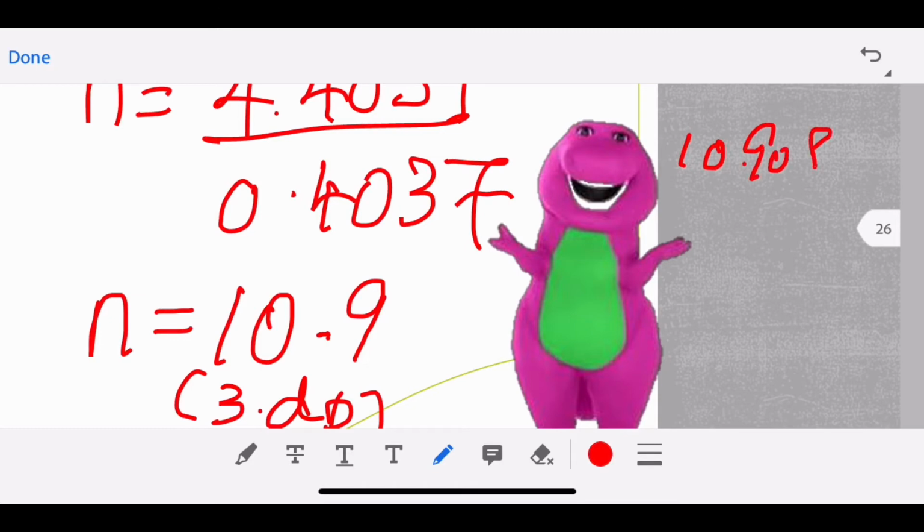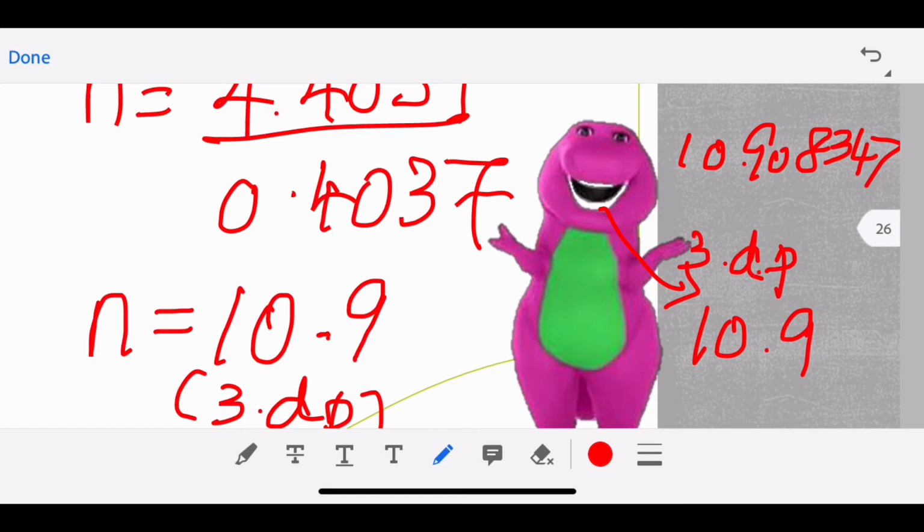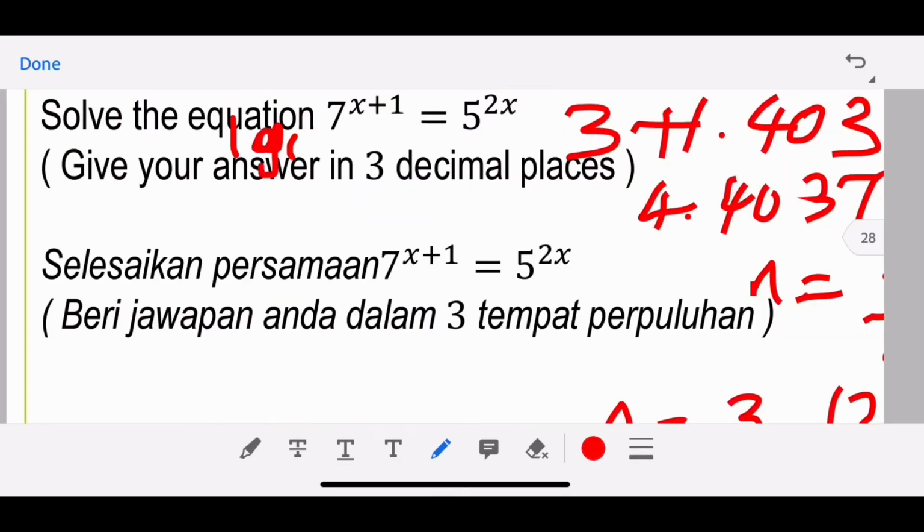Okay, so now we will discuss another question that's still in the same base for exponential equation. It's just that we need to take log base 10. Let's proceed to the next question. You have to take log base 10 also: log 10 of 7 to the power x plus 1, then log 10 of 5 to the power 2x.